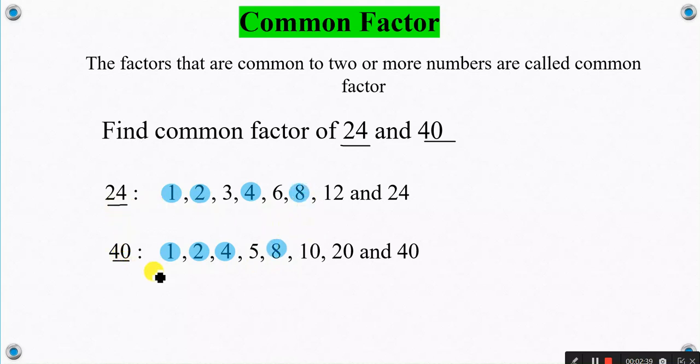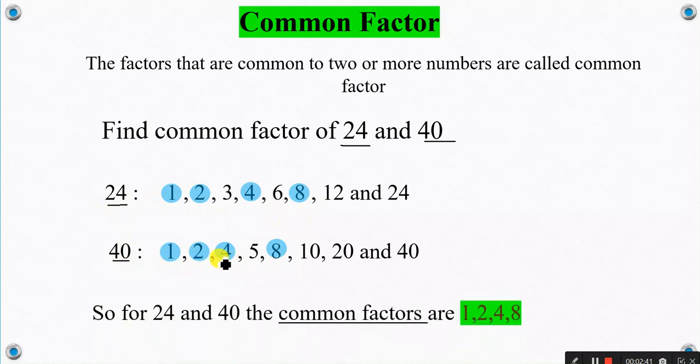So the common factors of 24 and 40 are 1, 2, 4, 8.